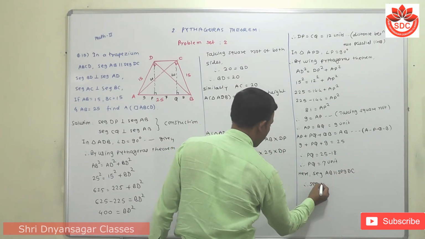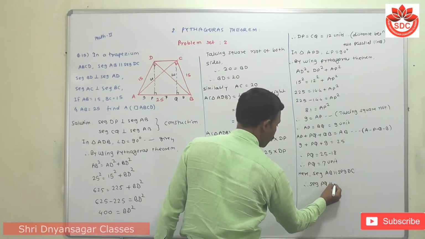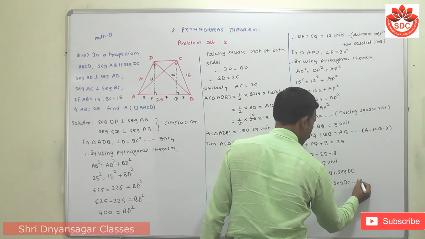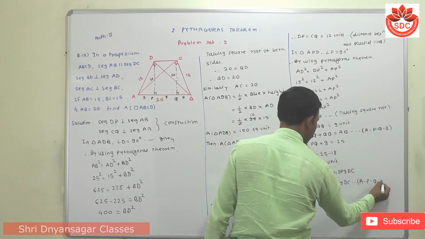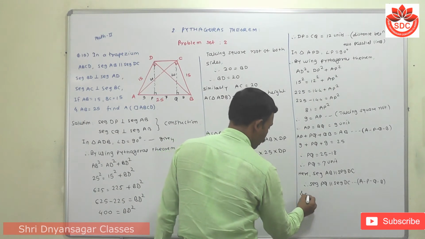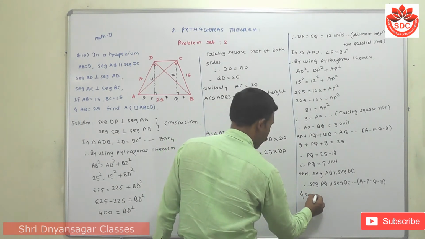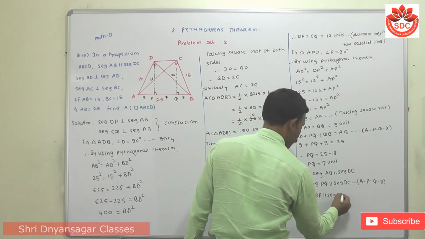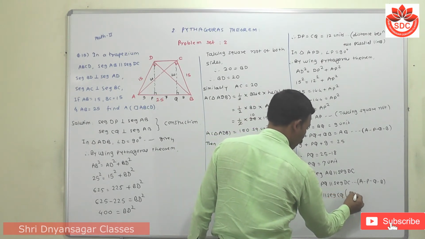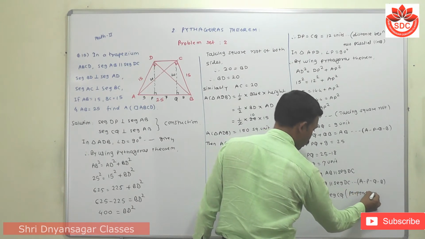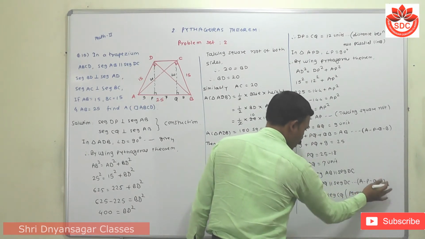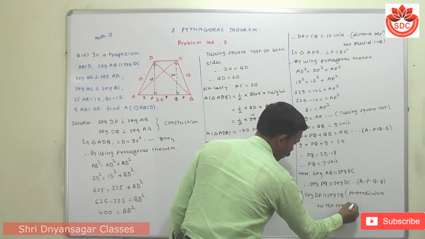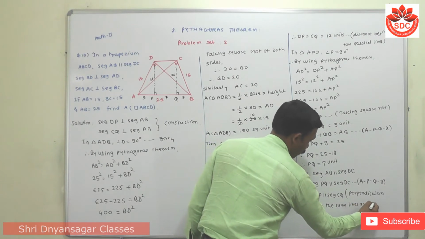Therefore, segment PQ is also parallel with segment DC, because A, P, Q, B are on one line, and segment DP is also parallel with segment CQ because perpendiculars to the same line are parallel.